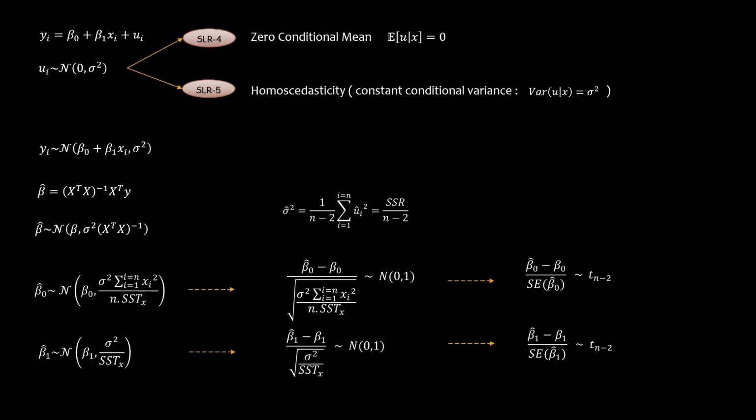Of course, for large sample size n, the t-distribution approaches normal distribution. But this right here gives us the recipe to build confidence intervals around the beta estimates and perform hypothesis testing.